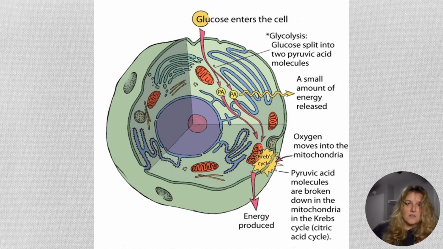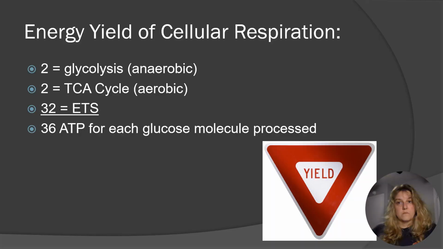It goes down and rolls up into the mitochondria, where it goes through the Krebs cycle, gains another 2 ATP, and then you leave through the electron transport chain and get the final 32 ATP, the energy you need. That is the breakdown. Once more, you get a total of 36.